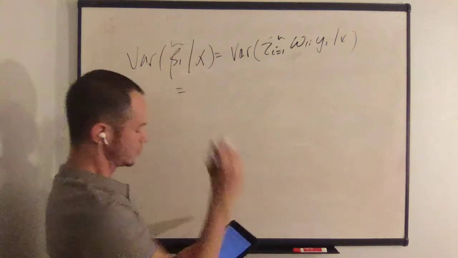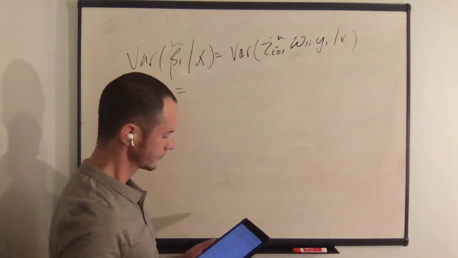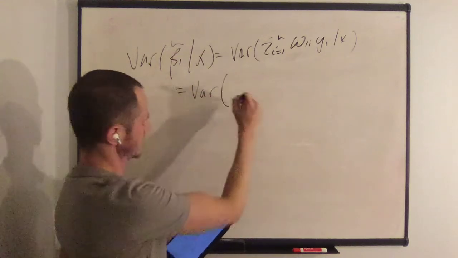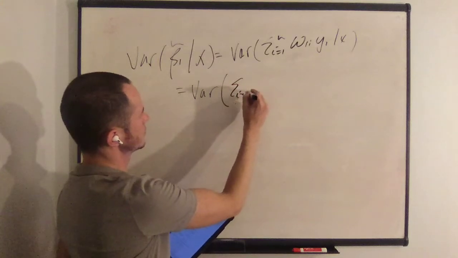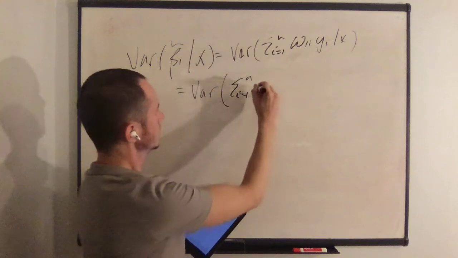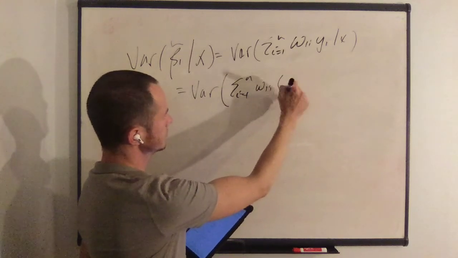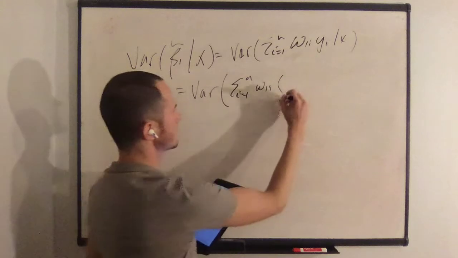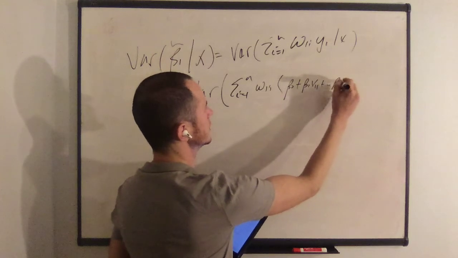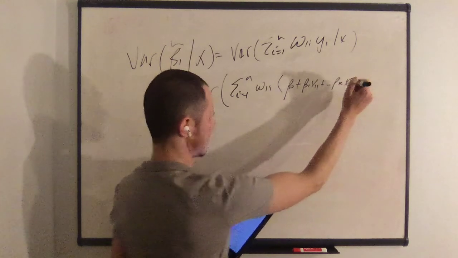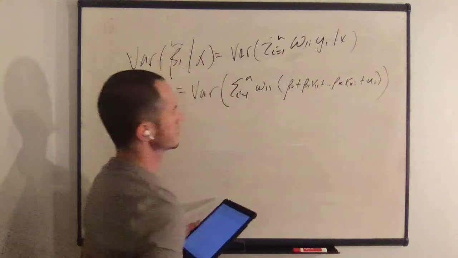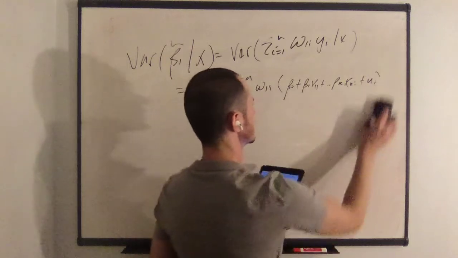And this is equal to the variance of the sum from i equals 1 to n of w1i times, now we plug in the equation for yi, beta naught plus beta 1 x1i plus through beta k xki plus ui, close parentheses, this is given x.